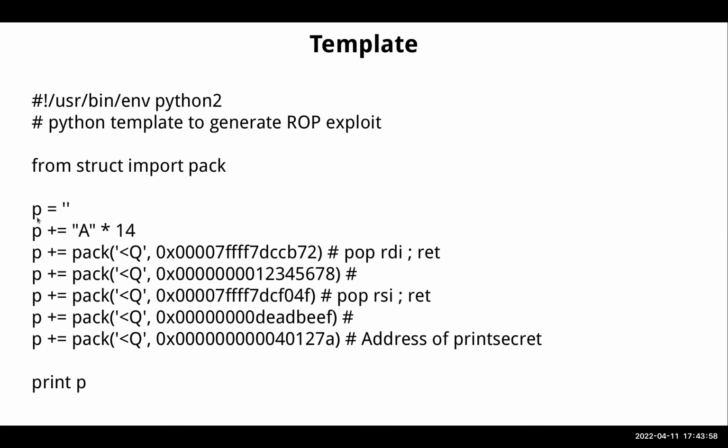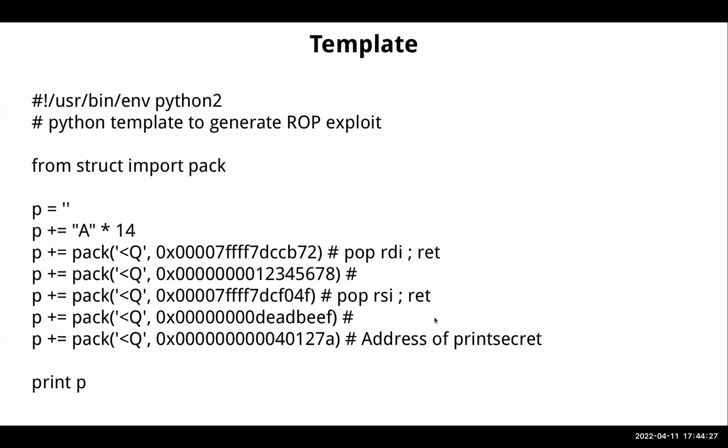Then we create this exploit, and we have some buffer at the beginning. That's a garbage part. Then we just put those items here one by one, then use the pack function to pack that into the correct endianness. The real reason I want to give you the template is that by doing this, you can have a comment here, so you know what you are trying to find.